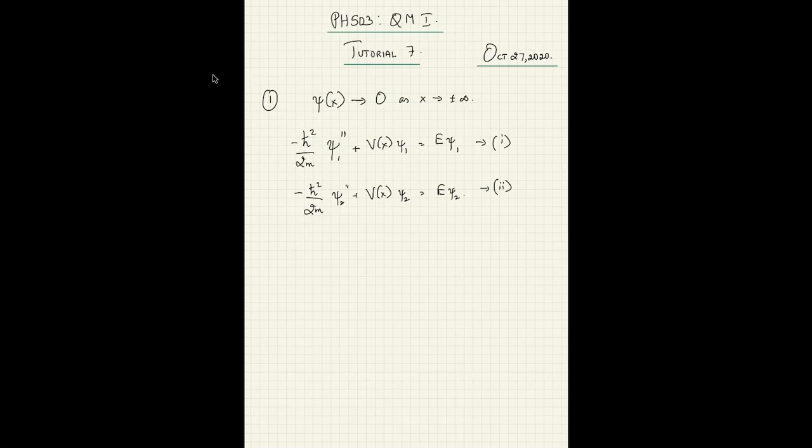So I'll do a small trick. I will multiply the first equation by psi2, and I'll multiply the second equation by psi1.